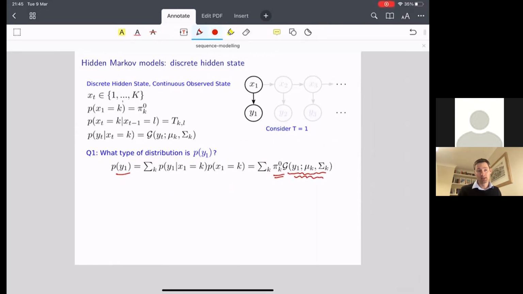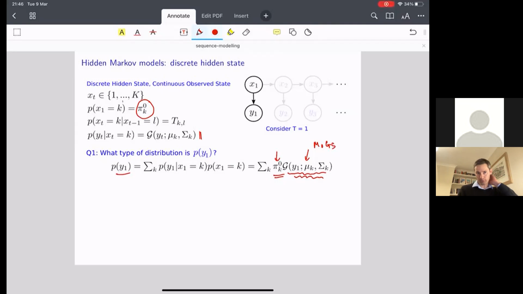And hopefully you recognize this from the clustering lectures. This thing is a mixture of Gaussians model, where the mixture components are given by the initial state probabilities for the Markov chain, and the Gaussian components themselves are just the components that come from the emission distribution.